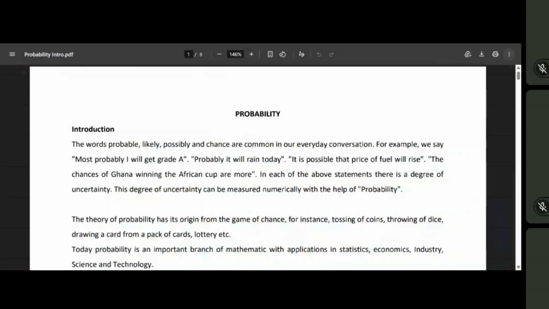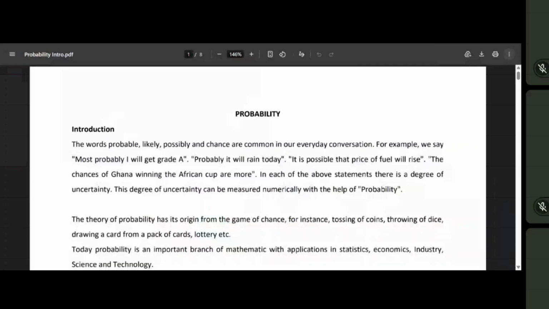Out of these 54, 30 of you occupy male space. Then 24 occupy a female space.